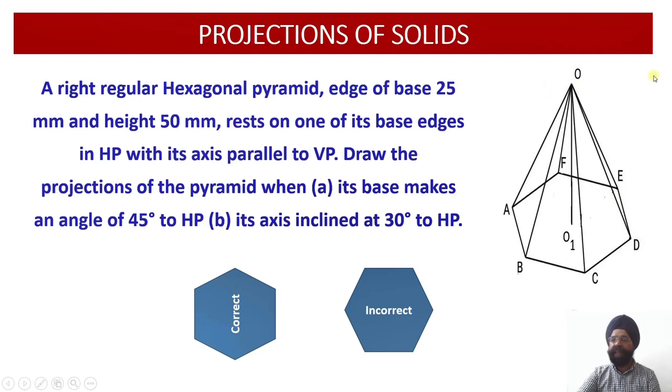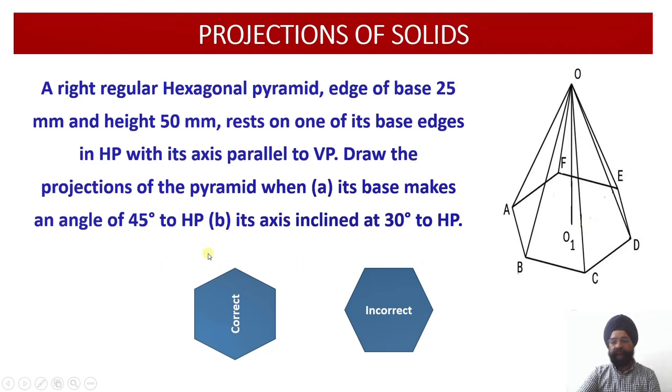So you can tilt it towards the right or towards the left. If you are tilting it towards the right, it will be resting on this edge. If you are tilting towards the left, it will be resting on this edge. So this is the correct orientation of this hexagonal pyramid with respect to the vertical plane.